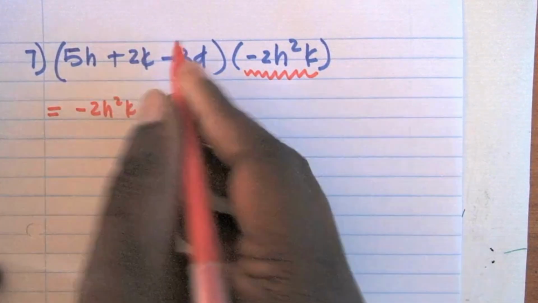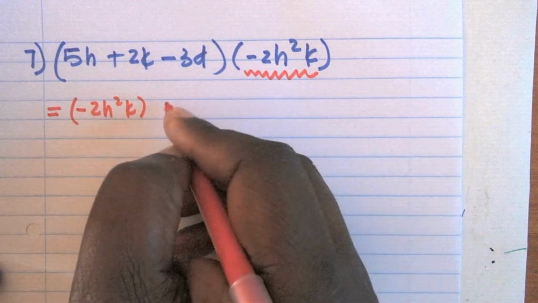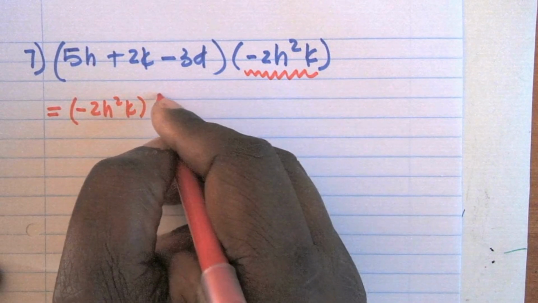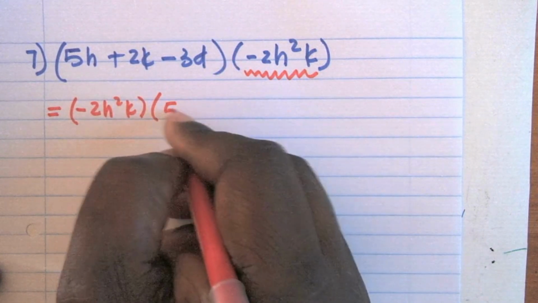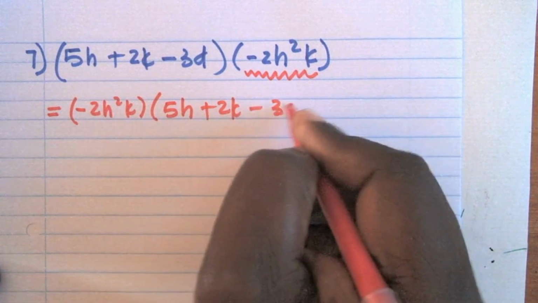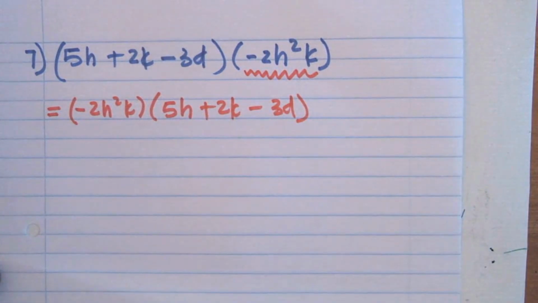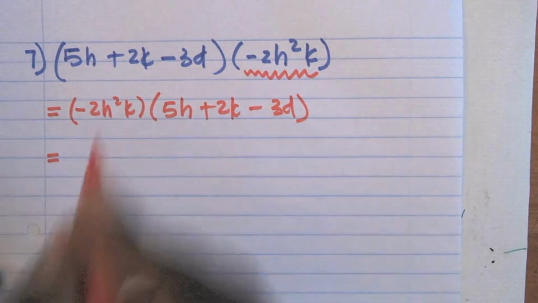So in this question here, I'm going to put it in front. And then inside the bracket I have 5h plus 2k minus 3d. And then after that, I am going to do the distribution.